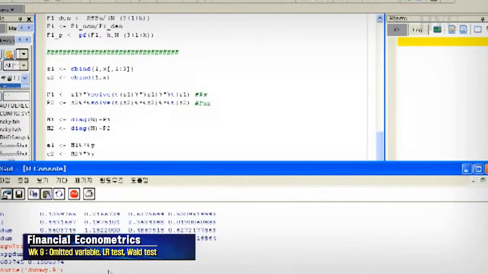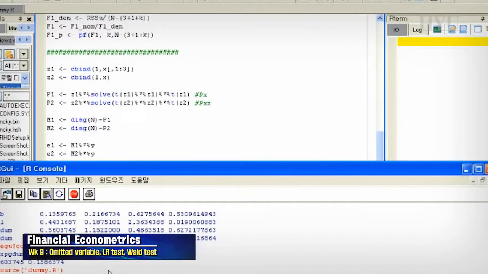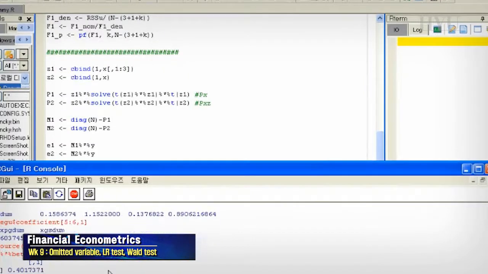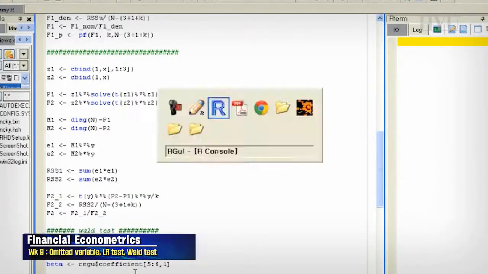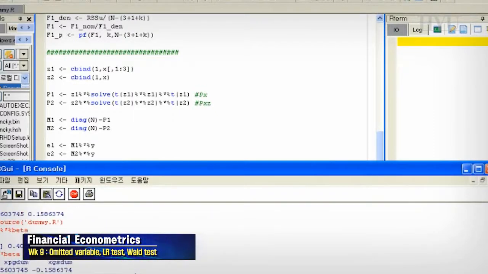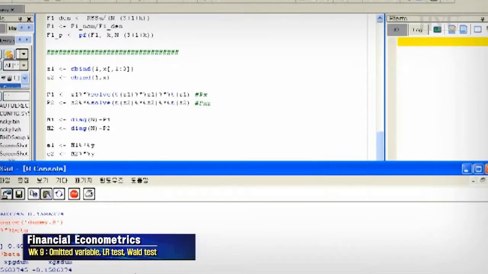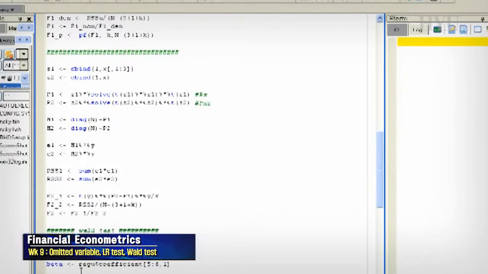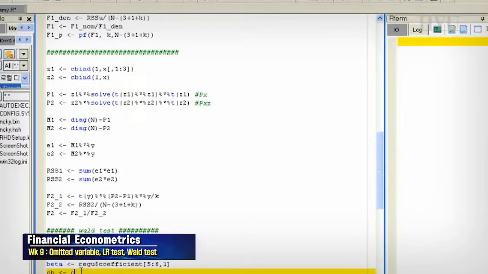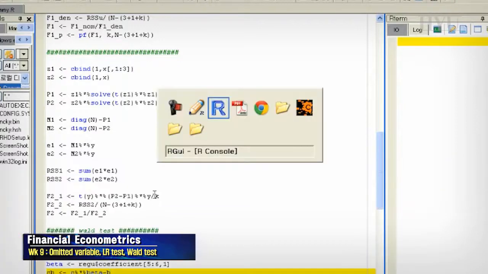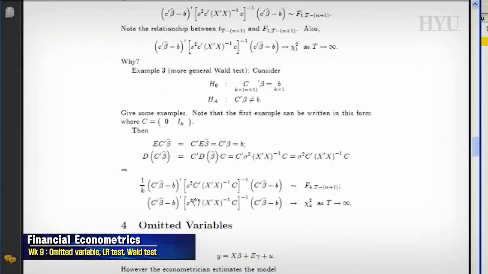So C beta minus b. Okay, so this is this part. But actually this is a constant.